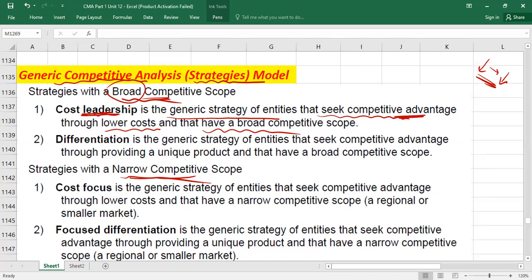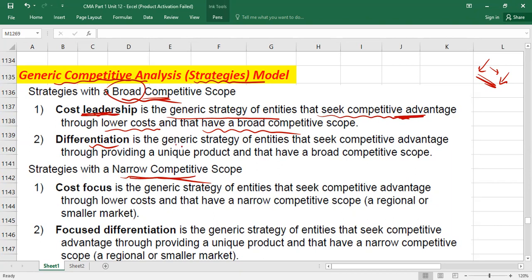Understood? Then we have a differentiation strategy, like iPhone, Apple. If they are launching a mobile phone anywhere in the world, in any country, their product is unique. Let's assume they launch only one model throughout the countries. That is called differentiation, but they follow this strategy entity-wide.